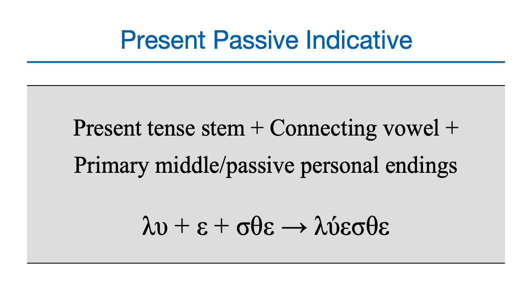So to form the present middle passive indicative, you have the present tense stem, you have the connecting vowel, and you have the present middle passive personal endings. So you see why it is important to learn the personal endings. So you have lu, which is the stem, a connecting vowel, ste, second person plural middle passive ending. So you have lueste.